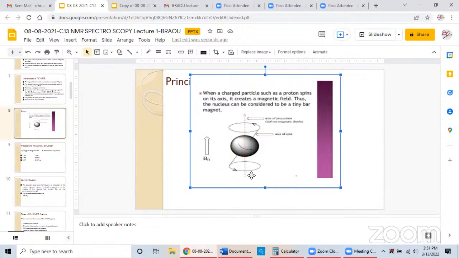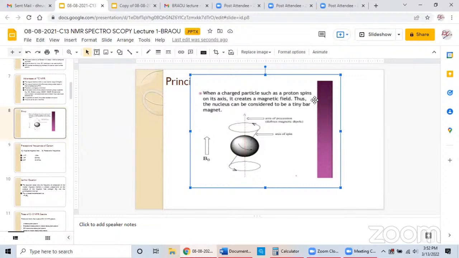So two nuclear energy states are created: a low energy state and a higher energy state. The energy difference is very small, and it falls in the NMR part of the electromagnetic radiation. That energy difference is related to the magnetic moment, and it is a characteristic of the magnetic nucleus under consideration.